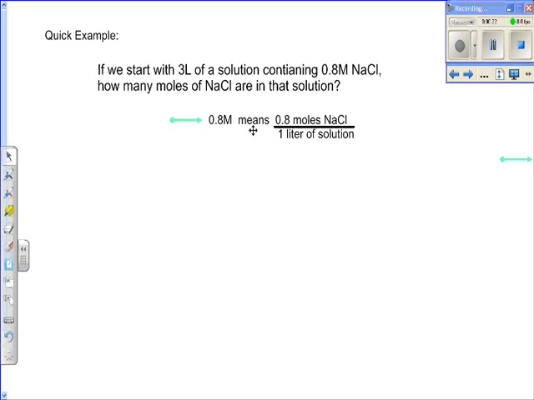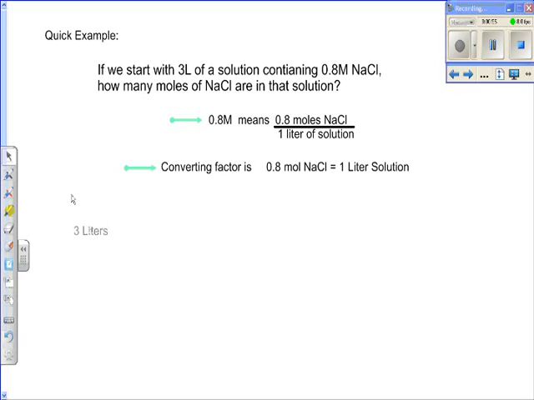So in this case, 0.8 moles of NaCl divided by 1 liter would give us that 0.8 molar. We can write this converting factor as 0.8 moles of NaCl is equal to 1 liter of this solution. We're then able to use that in our stoichiometry.